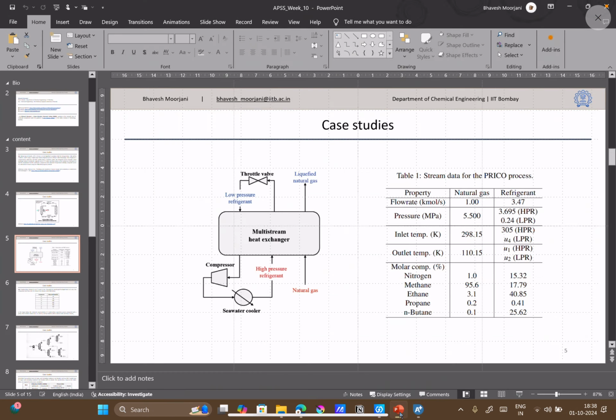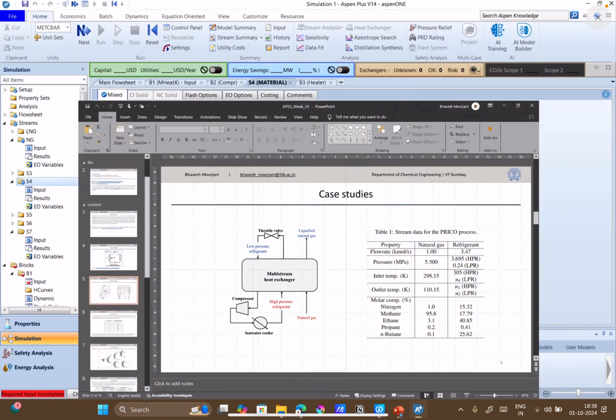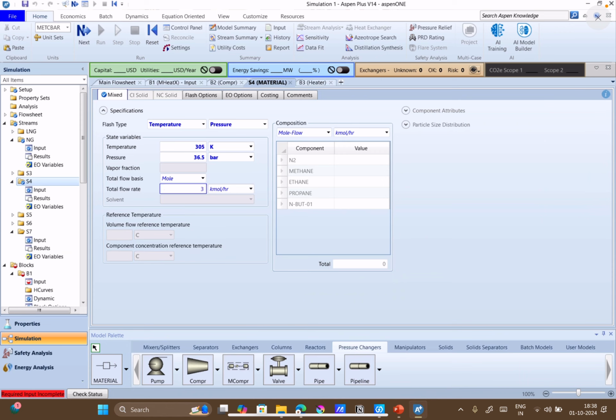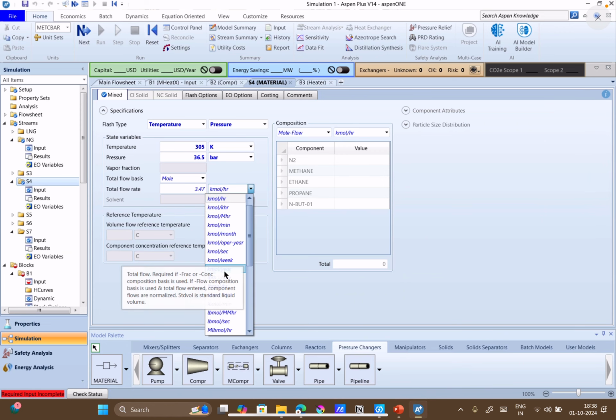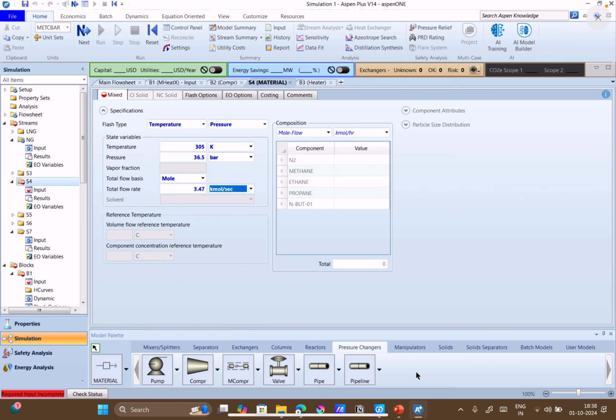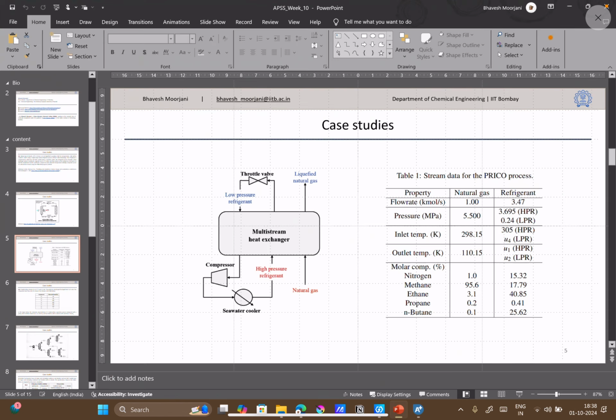Molar flow rate. The molar flow rate of refrigerant is given as 3.47 kilomole per second, sorry. And these are the compositions.